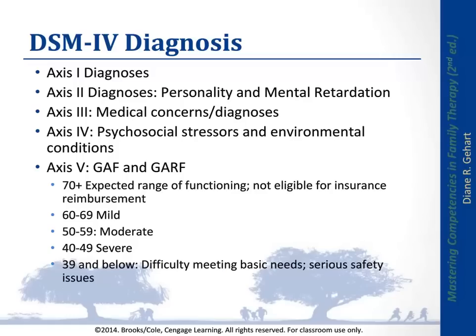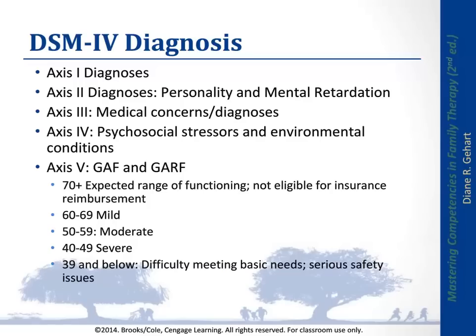But basically when you're working in mental health in general outpatient or inpatient settings, 70 and above were considered fully functional, not really eligible for insurance reimbursement. So these are more like numbers that you would see at discharge or termination. Then 60 to 69 were mild symptoms, 50 to 59 were moderate symptoms, and 40 to 49 were severe symptoms. And the DSM-4 did have some criteria for trying to determine that, although there wasn't a lot of inter-rater reliability.